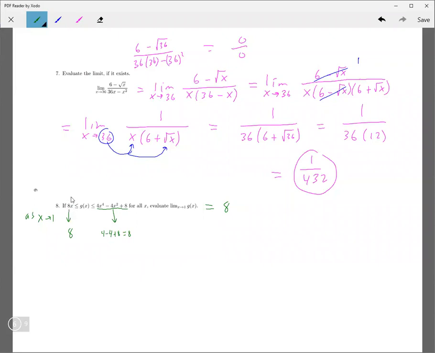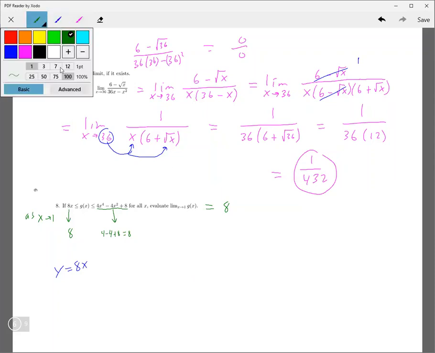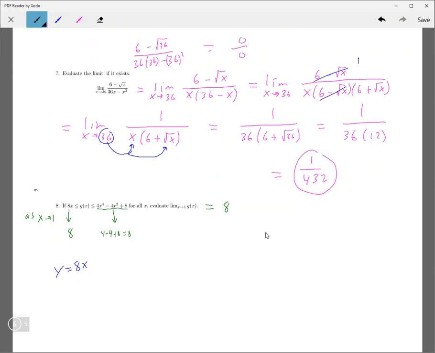Let me try to illustrate this a little bit. I'm not going to do a really great graph of this, but look at it this way. So here's y equals 8x. That would be this one right here. That's going to be a line.